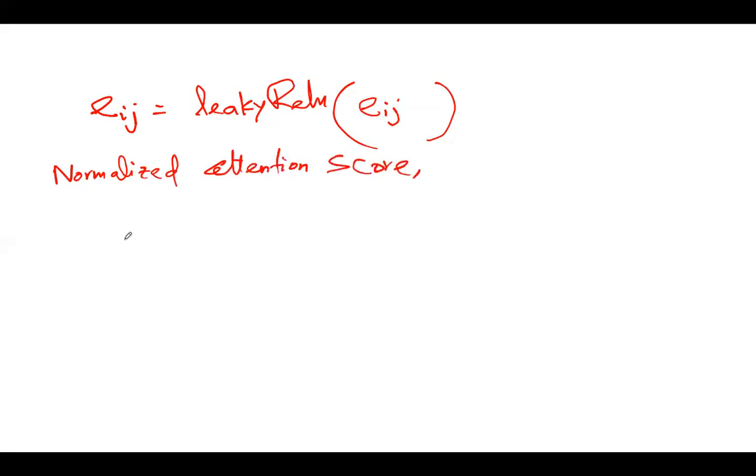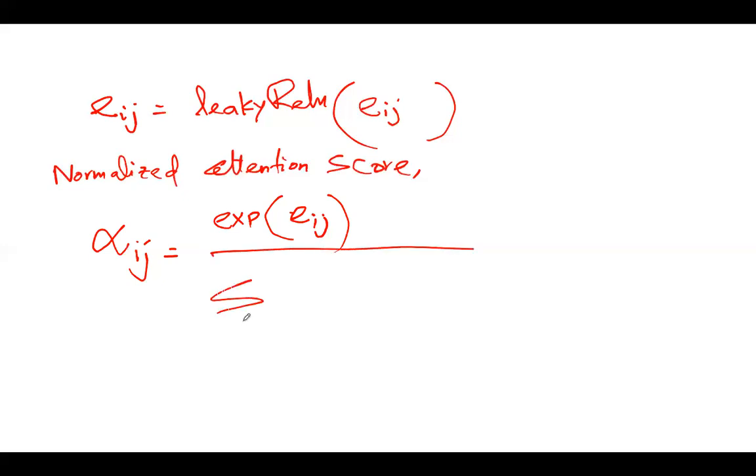So in a normalized attention score, you have alpha ij, which will have the exponential function of eij divided by sum across. Now, this is something important. What we're trying to get to is we're not going to take the sum across all other nodes. We'll be focusing on the nodes that are within the neighborhood of the ith node.